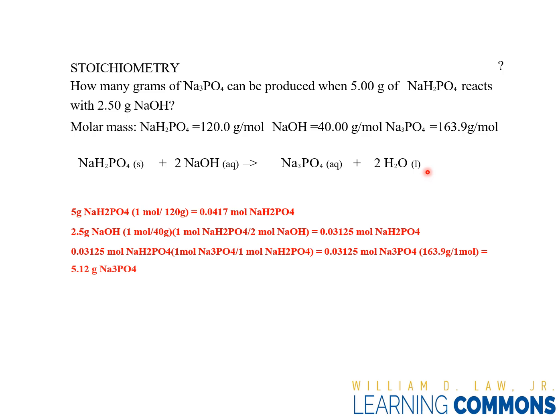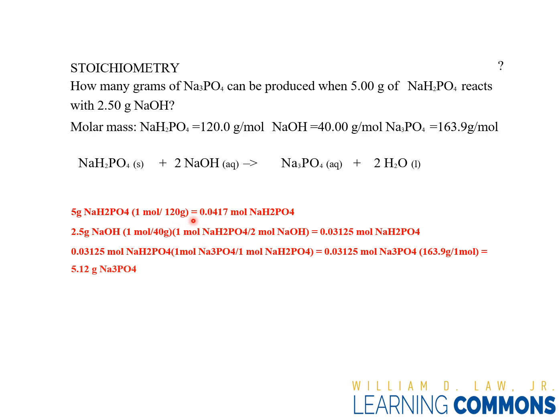First of all, I have to convert the sodium dihydrogen phosphate from gram to mole, and also convert the sodium hydroxide from gram to mole. After I convert the sodium dihydrogen phosphate, I go to the periodic table, 1 mole equals the atomic mass of all these elements, 120.